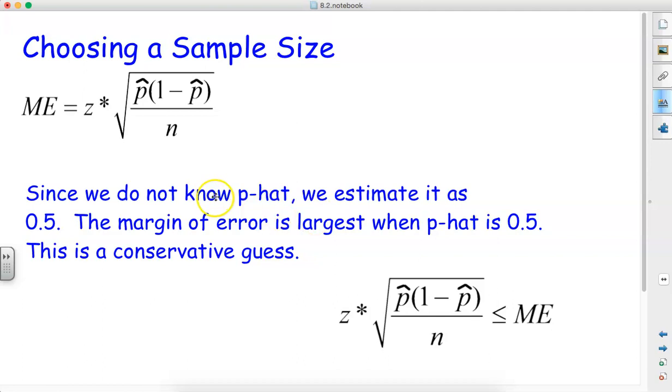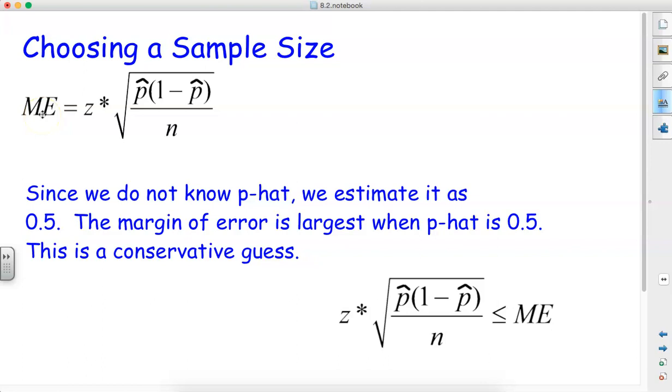In these types of problems, we don't know what p-hat is yet because we haven't done our sample. We're trying to figure out how big our sample needs to be, so there's no way to know what p-hat is. So we use the value that will be on the safe side. If p-hat is 0.5, that gives us the biggest margin of error possible.